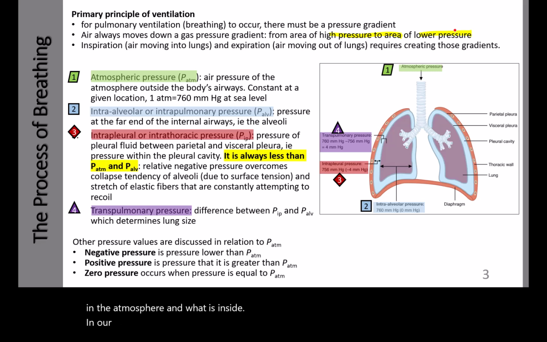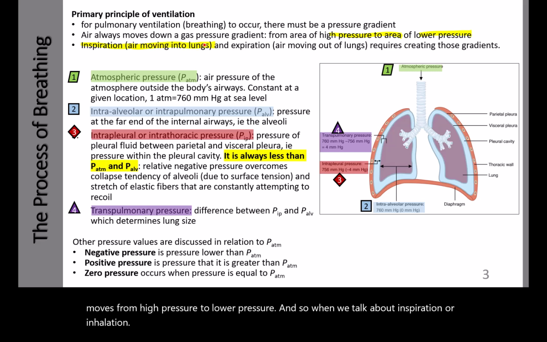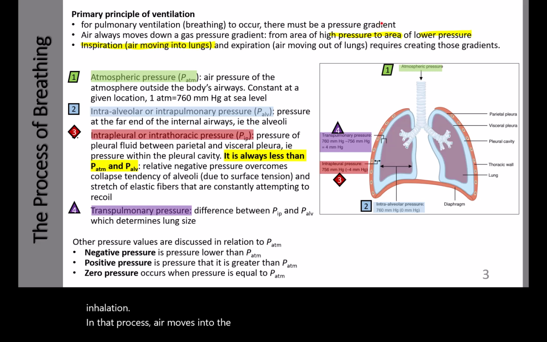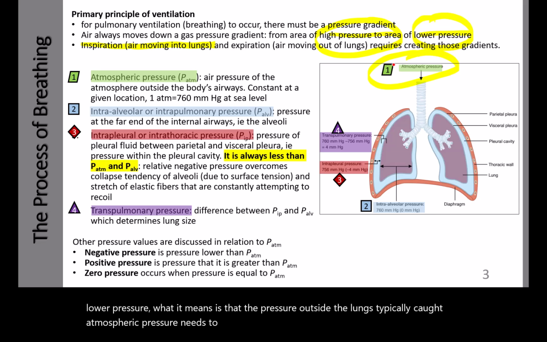We need to ensure that there is a pressure gradient, so air always moves from high pressure to lower pressure. And so when we talk about inspiration or inhalation, air moves into the lungs. So if air moves from higher to lower pressure, it means that the pressure outside the lungs, typically called atmospheric pressure, needs to be higher than the pressure inside the lungs, typically called intrapulmonary or intraalveolar pressure.